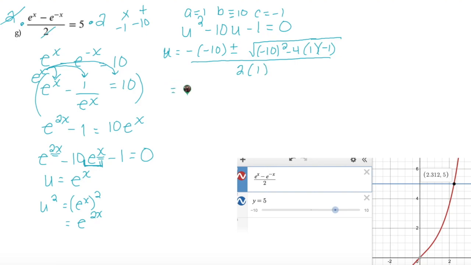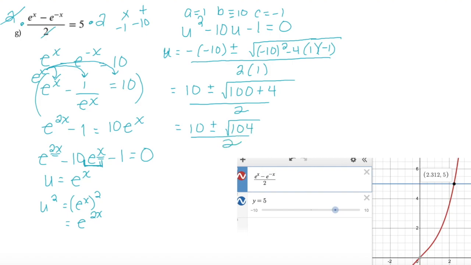Simplifying, I'll have positive 10 plus or minus the square root of 100 plus 4 over 2, or 10 plus or minus the square root of 104 over 2.